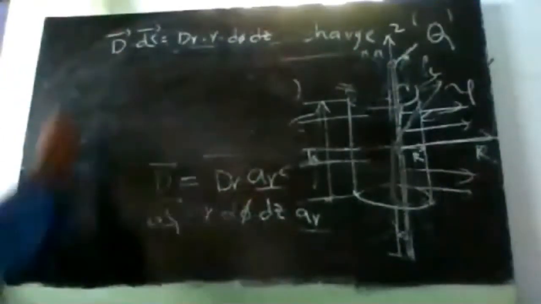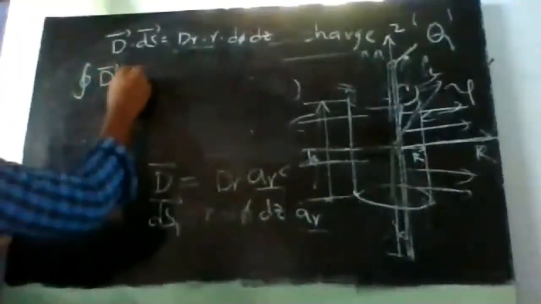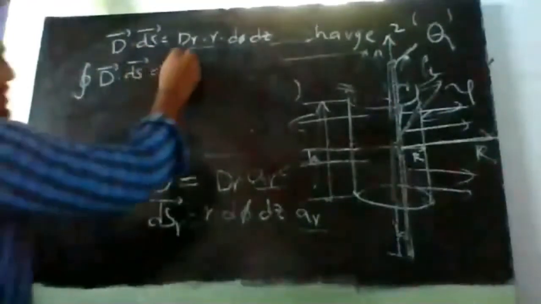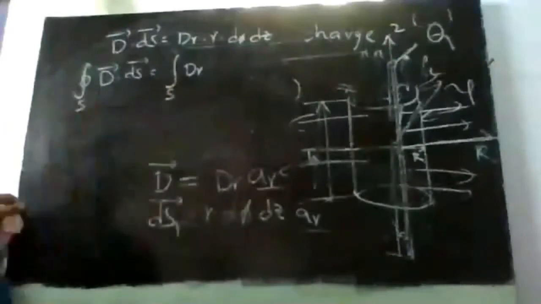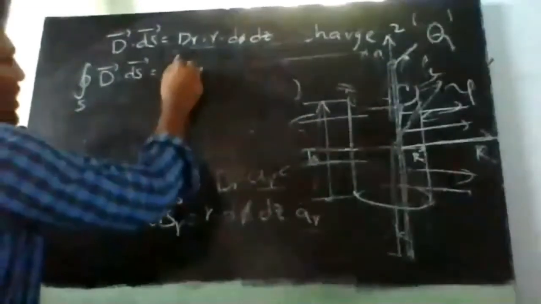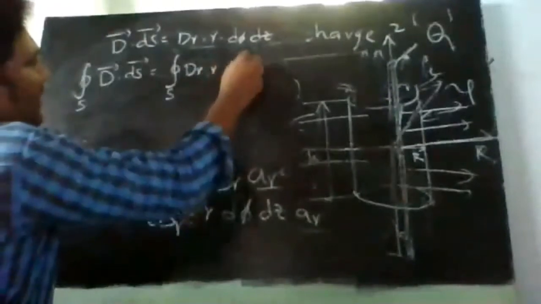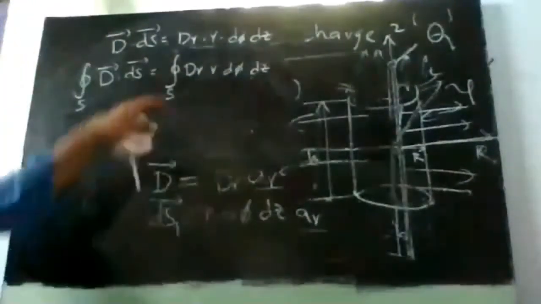Now take the closed surface integral of D bar dot dS bar. It will be nothing but the integral of Dr. It's a surface integral, so I'm writing S, Dr into r d phi dz. Clear?